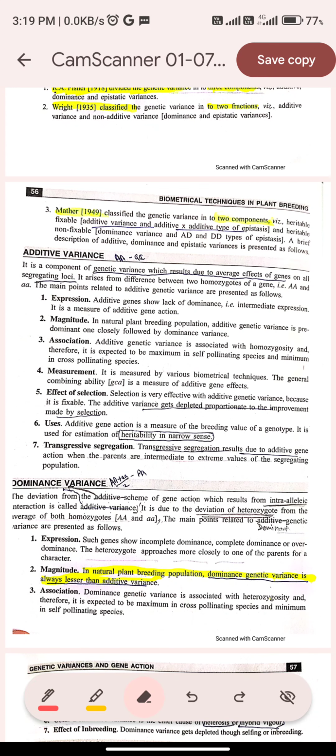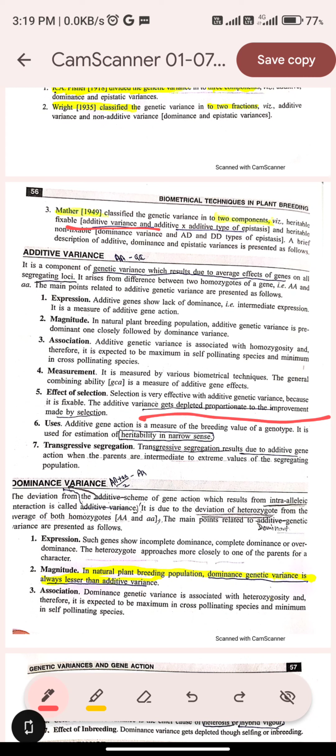Now, effect on selection. Selection is very effective with additive genetic variance because it is fixable. As previously I have told, Mathur has given the classification heritable and fixable, in which additive variance is included. So the things which are heritable and fixable are very good for selection, because you will select them in the parent population, they will definitely be transferred to offspring, and they will be fixed in offspring also.